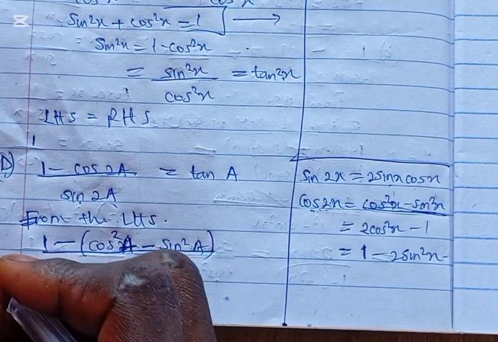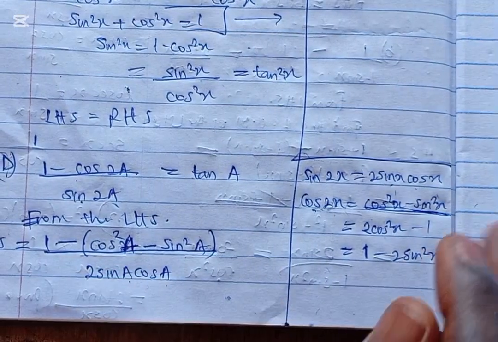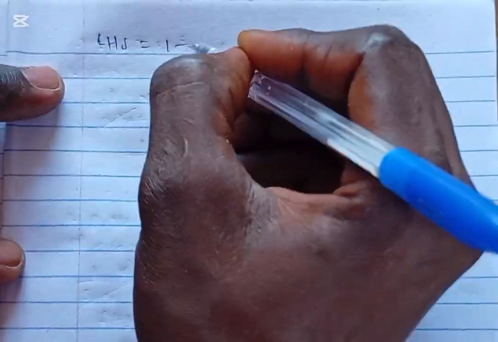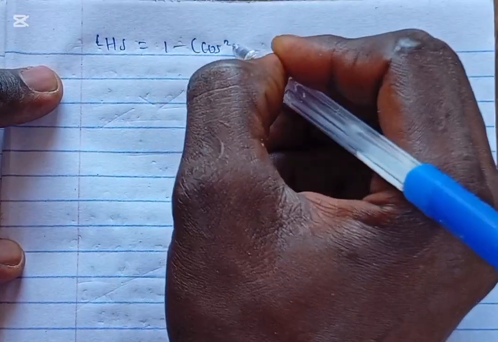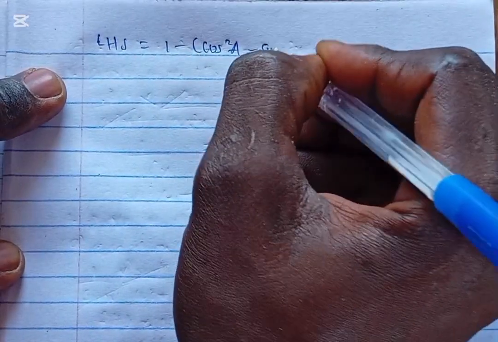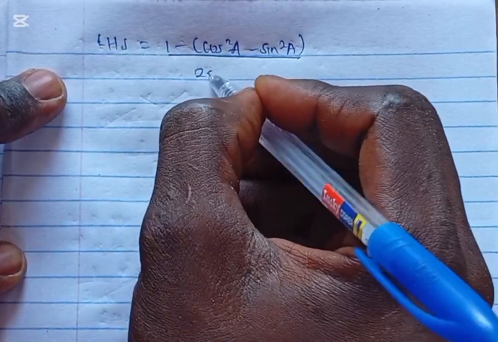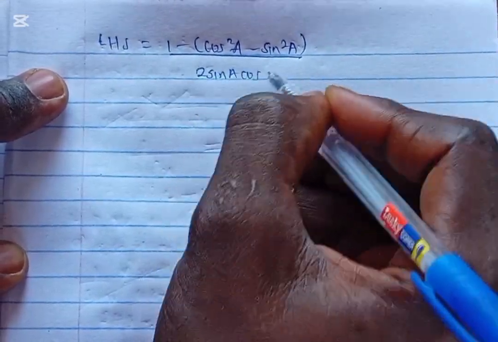Okay, left hand side. Now what am I going to do? Let me rewrite it: 1 minus cos square a minus sine square a, all over 2 sine a cos a.